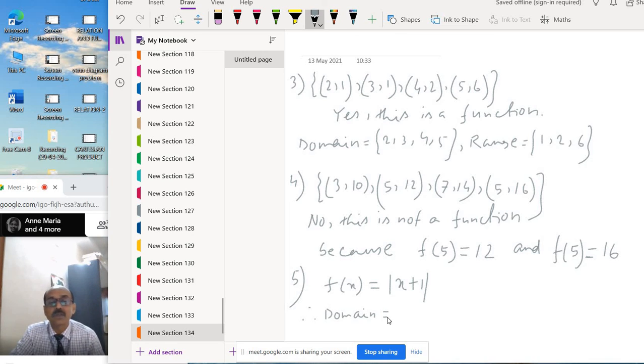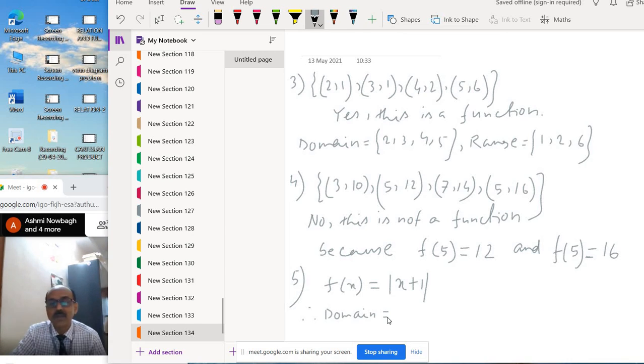If you take x equal to 1, then 1 plus 1 is 2, so what is the problem? This is not a denominator, this is inside the mod, and 0 is also possible. Clear now? So you can take any value of x.